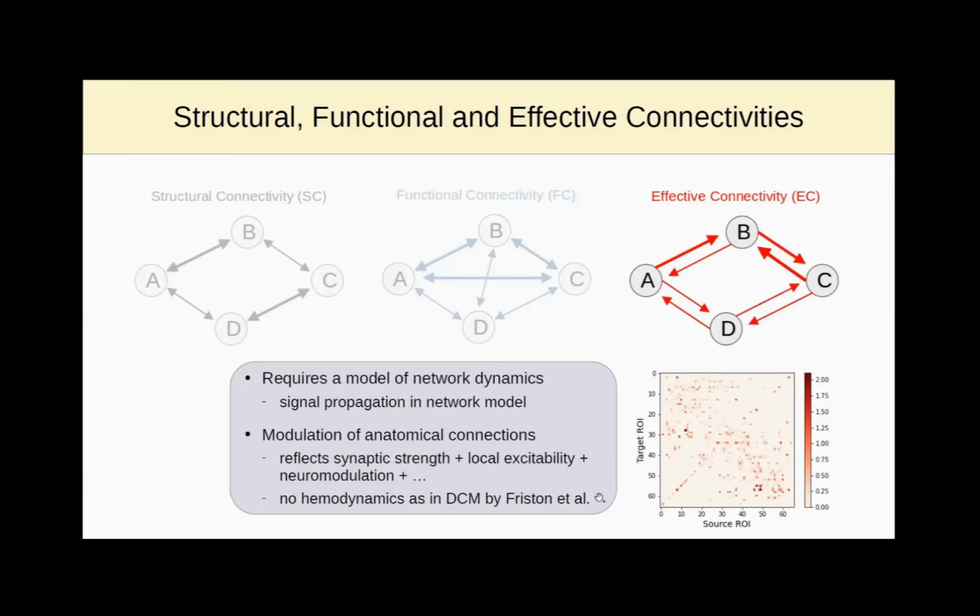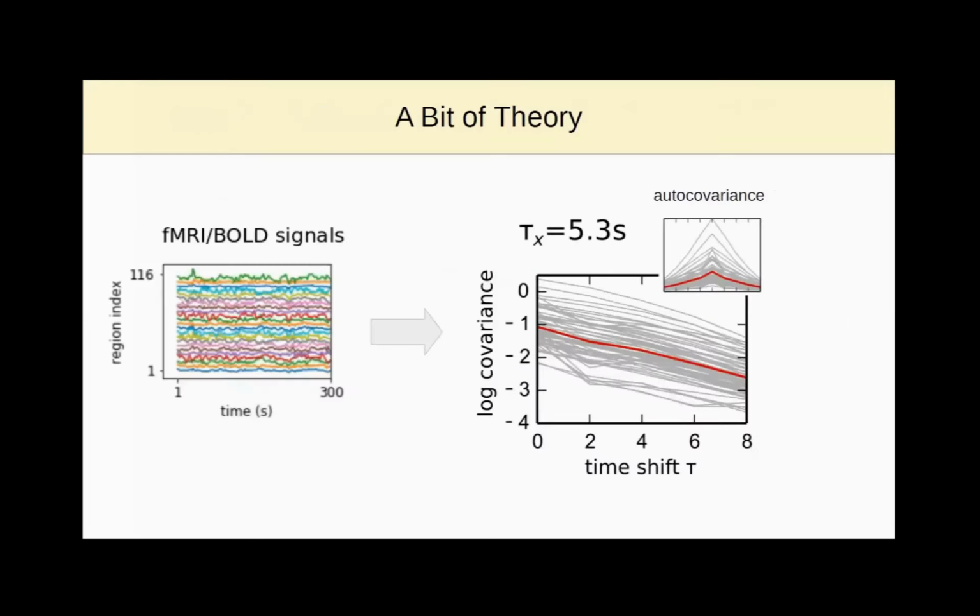Just for those that are familiar with dynamic causal modeling by Stone that introduced this concept of effective connectivity: in the present model, there's no hemodynamics. If you want to talk more about this later, I'm happy to go further, but I won't go into the details right now.